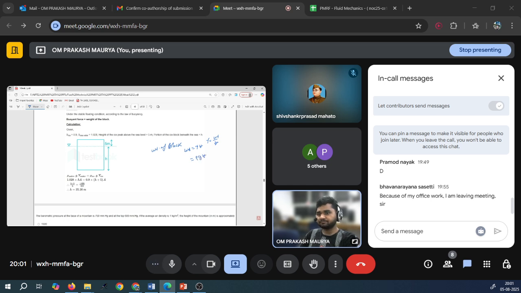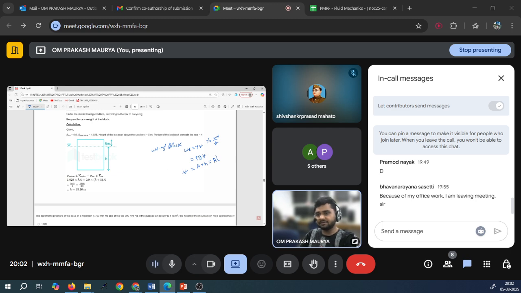So the weight is rho g into volume. The volume is area into height. Area is not given, but height is given already.